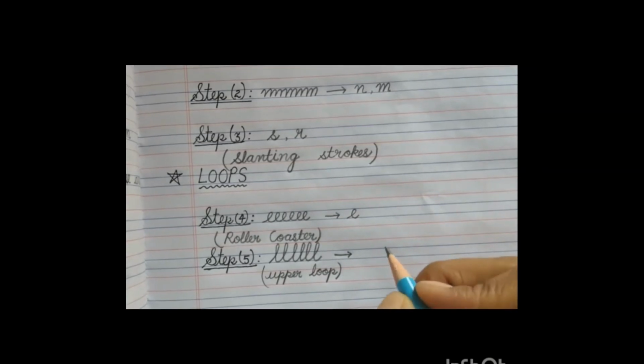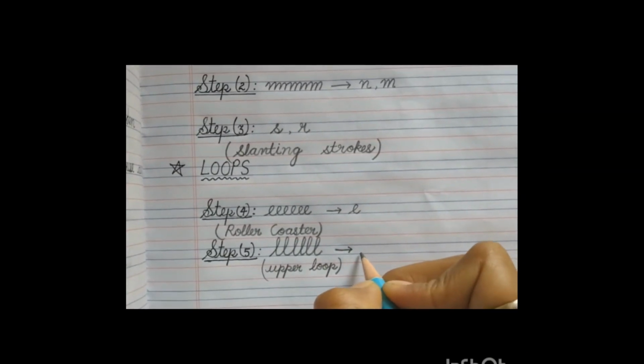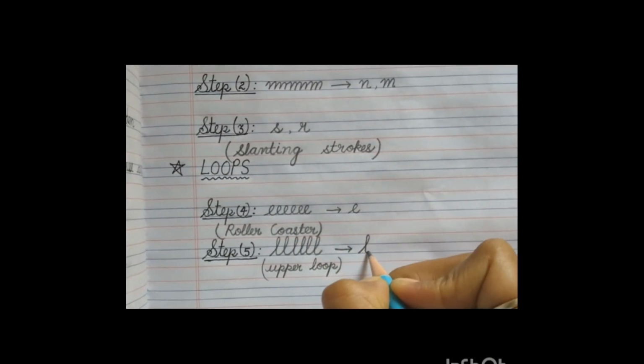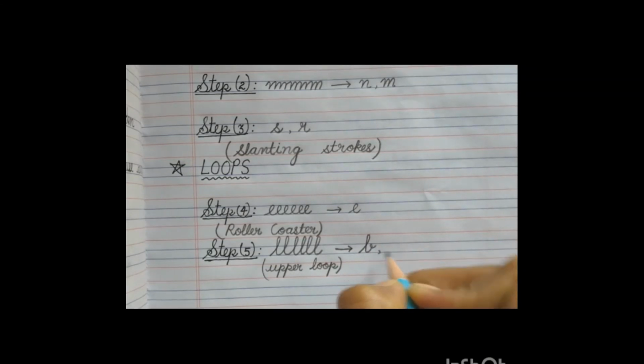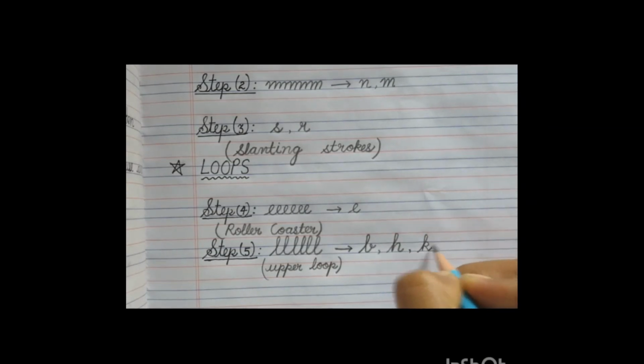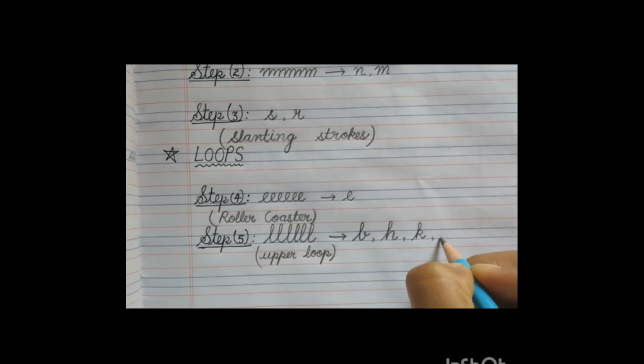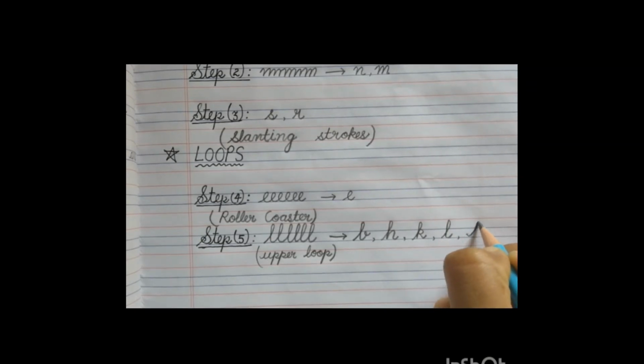Using this upper loop, we can write the alphabets B, H, K, L and F.